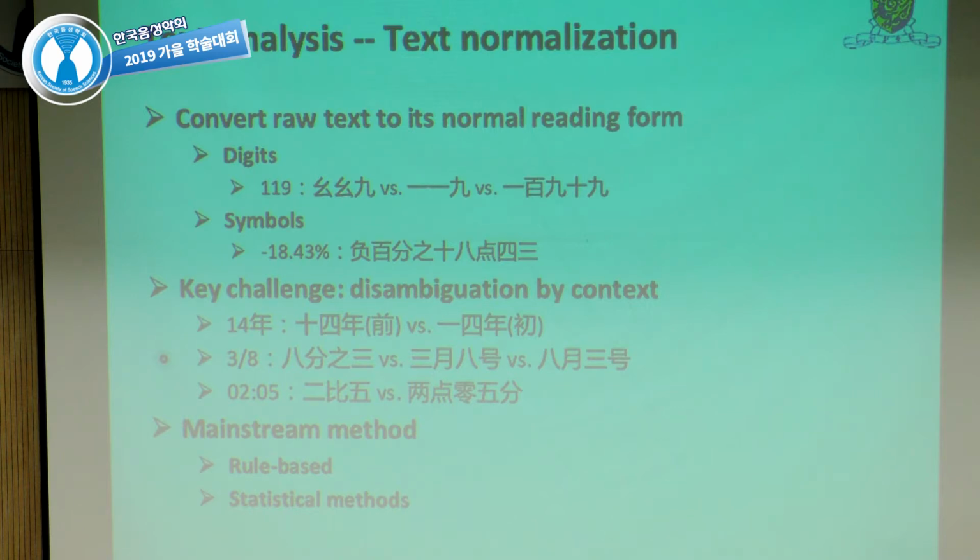Whether it's a number or a date depends on the context it is used. The mainstream method is based on rules, because rules can solve most of the cases, but some of the cases should rely on longer context. So statistical methods try to play such a role.